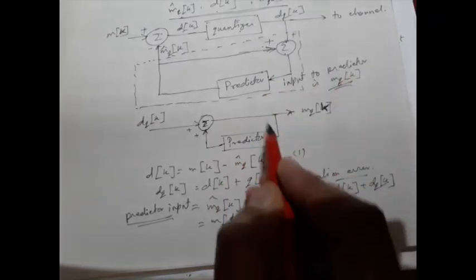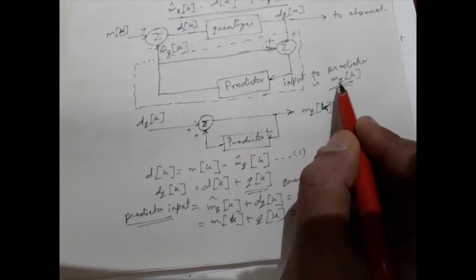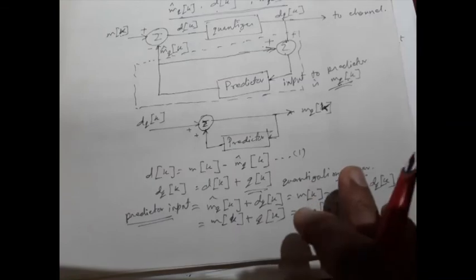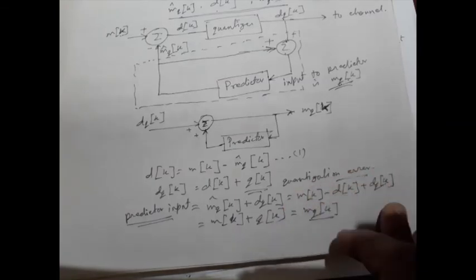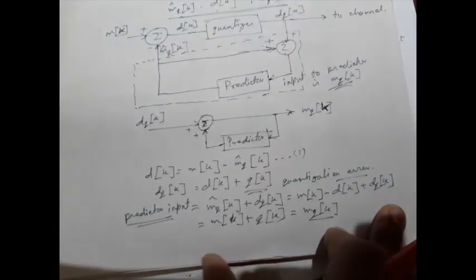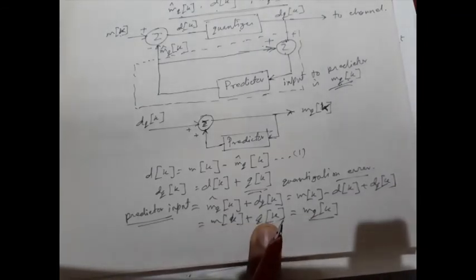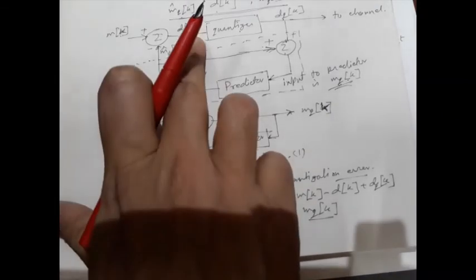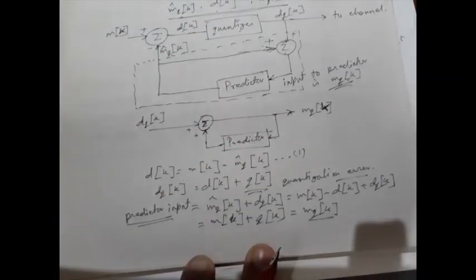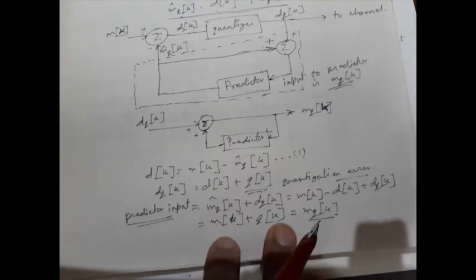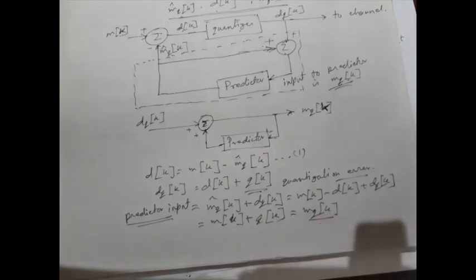So predicted input is the receiver output, so receiver output must be MQK, and this shows that we are able to receive the desired signal MK plus the quantization noise QK. This is the quantization noise associated with the difference signal D, which is generally much smaller than MK. The received samples are decoded and passed through a low pass filter for DA conversion.